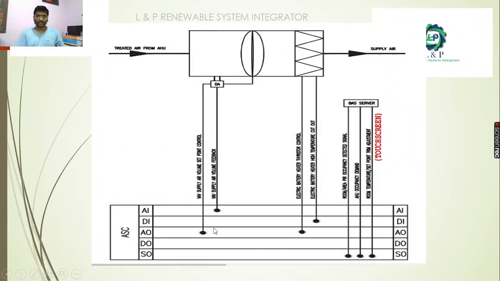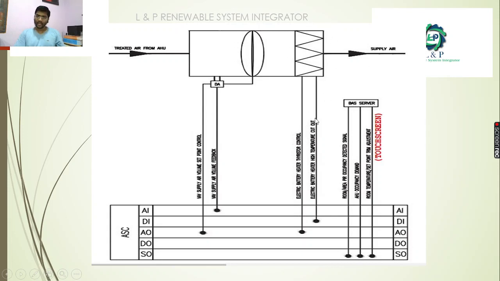And see here, this is one simple example. The VAV has a supply air set point, and this is the feedback from the damper. This is the control to the thyristor. Here the control for the thyristor will be 4 to 20 milliamps.